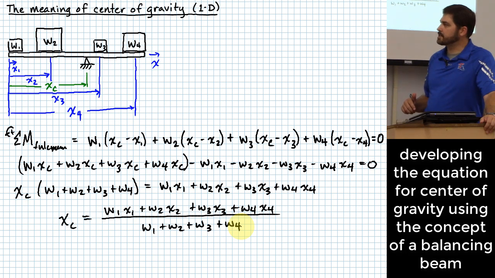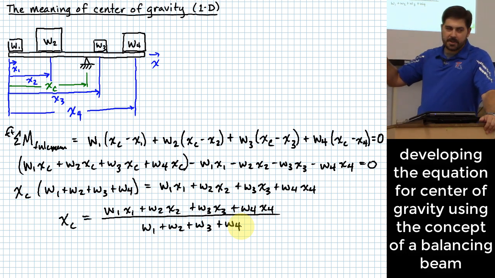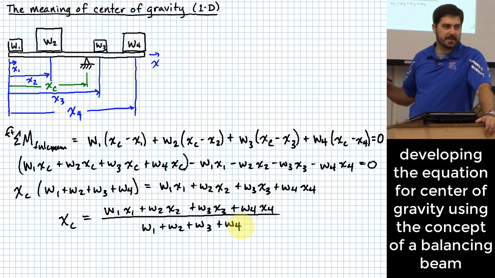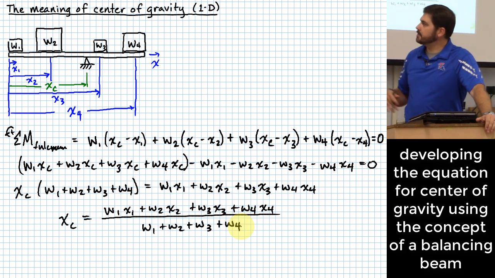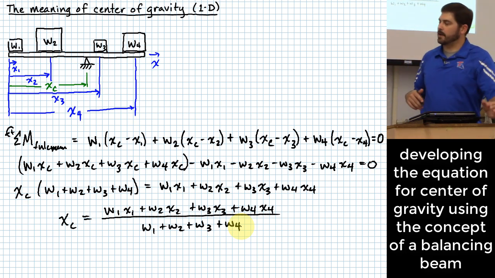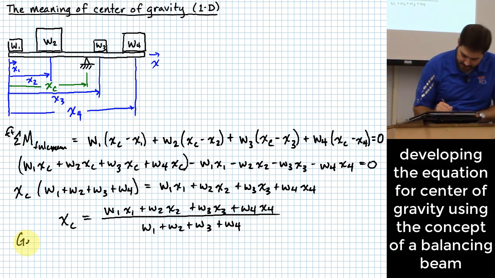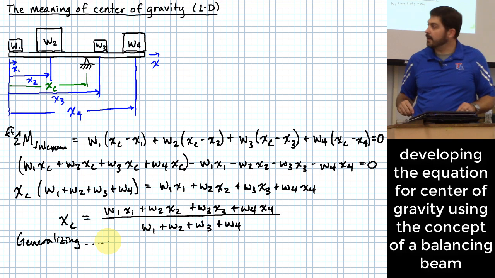Okay? And like I was saying a second ago, the pattern doesn't care how many of these weights you put on there. And because of that, is there a way I could generalize this pattern that I just put right there? So if I say generalizing here, what would I say?